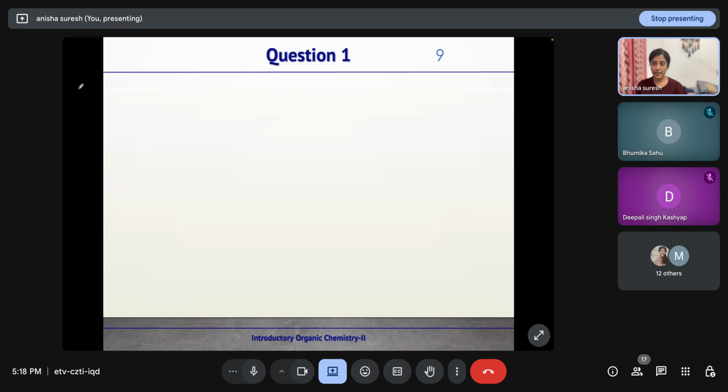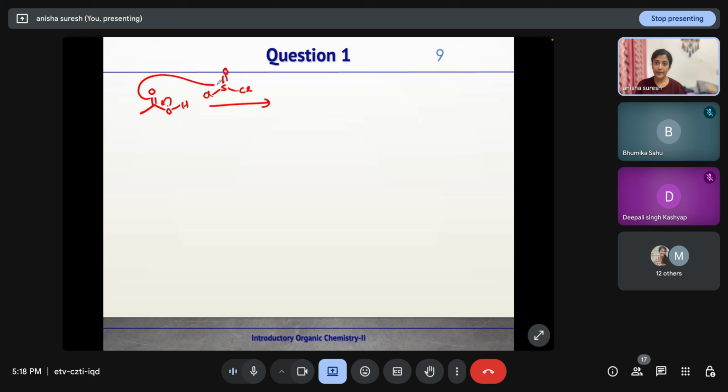So we are having acid. If we are having SOCl2, what is happening?